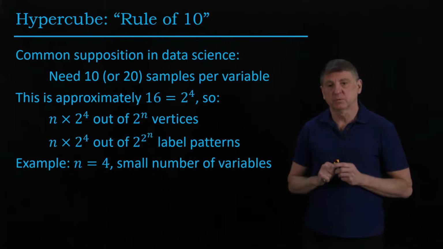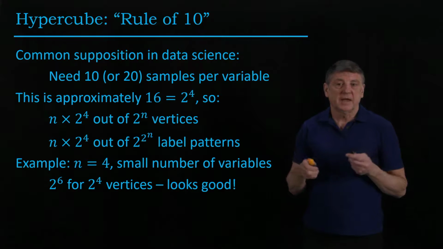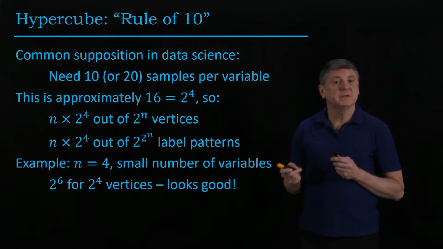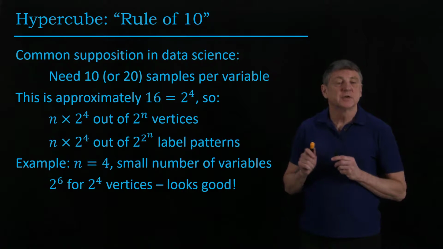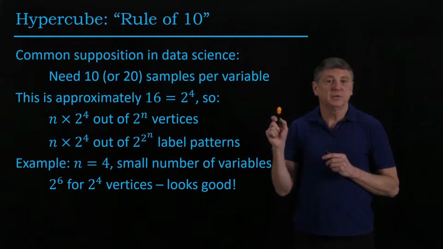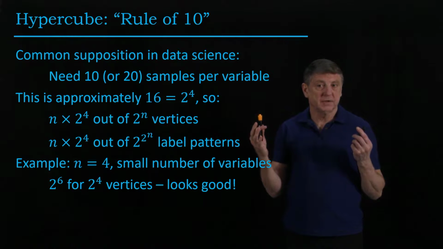Suppose we only have 4 dimensions, so that's a very small number of variables. If we're sampling 2 to the 4th times 4, that means we're sampling 2 to the 6th. So if we're sampling 2 to the 6th, which is 64, and we have 16 vertices, that's looking pretty good, right?